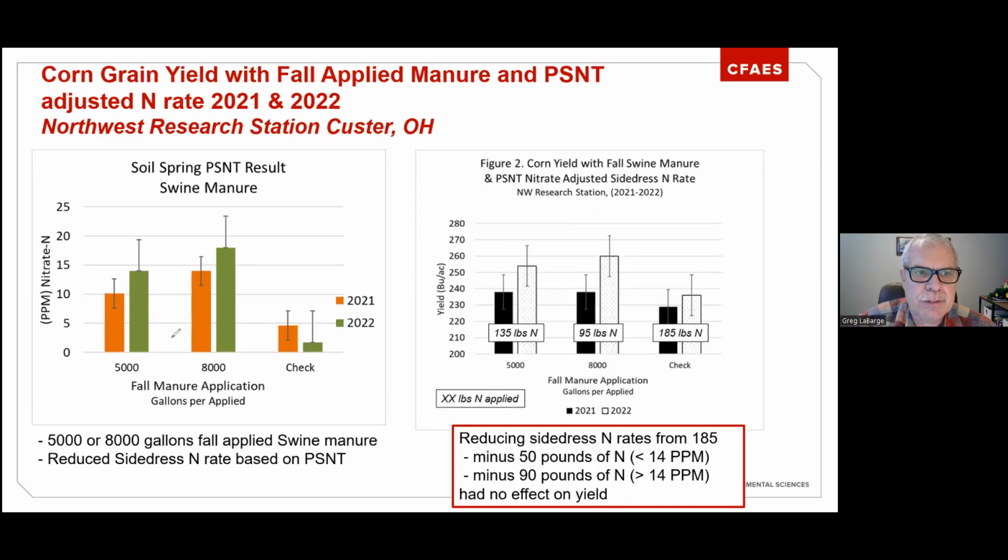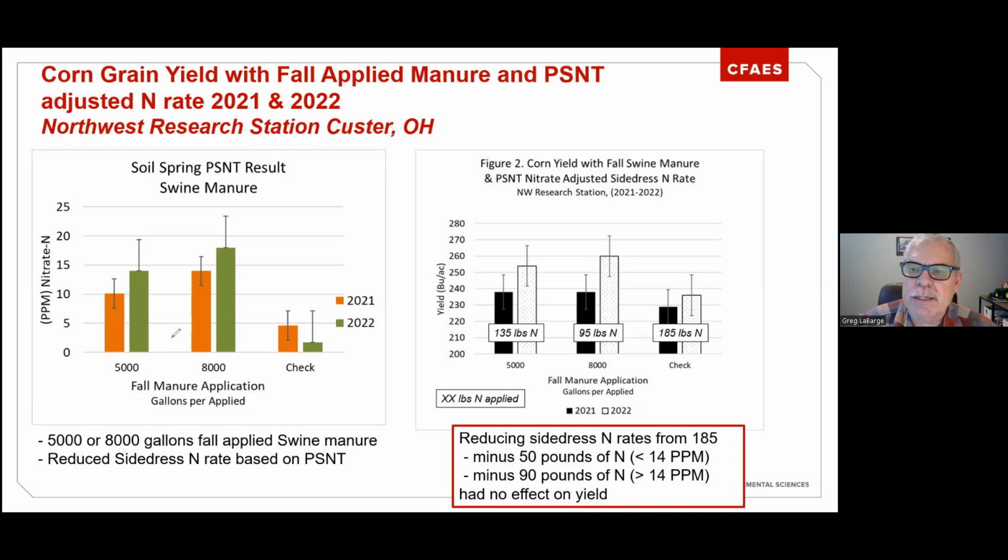And here on the left-hand side is that PSNT chart, just so you have it in mind. Then we also have the corn yield in figure 2. Within that box over top of the fall manure application rate and the corn yield response, you have the actual amount of nitrogen that was applied.